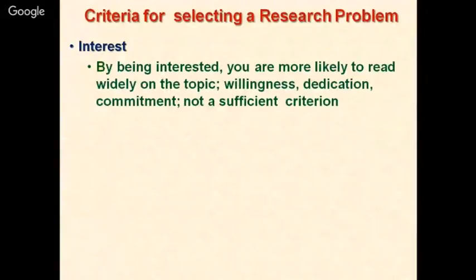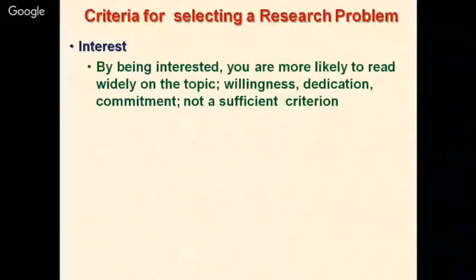By being interested, you are more likely to read widely on the topic. Say my friend is working on mathematical modeling, but I have got no interest in that area. Then I will not go for that particular area.